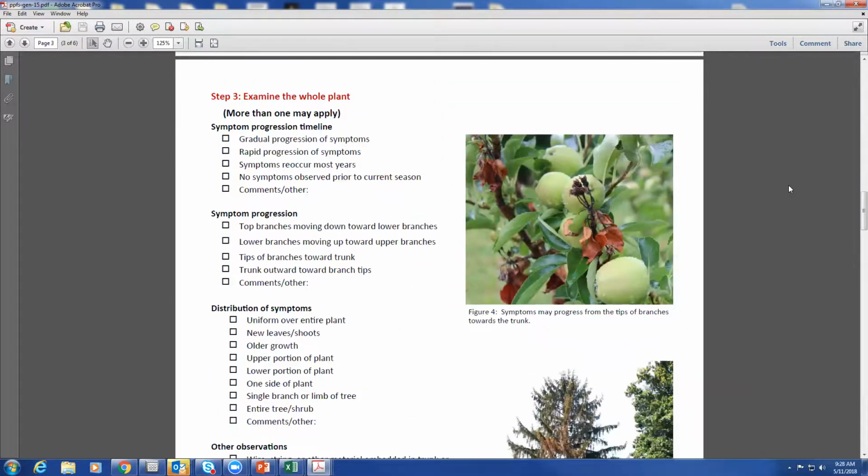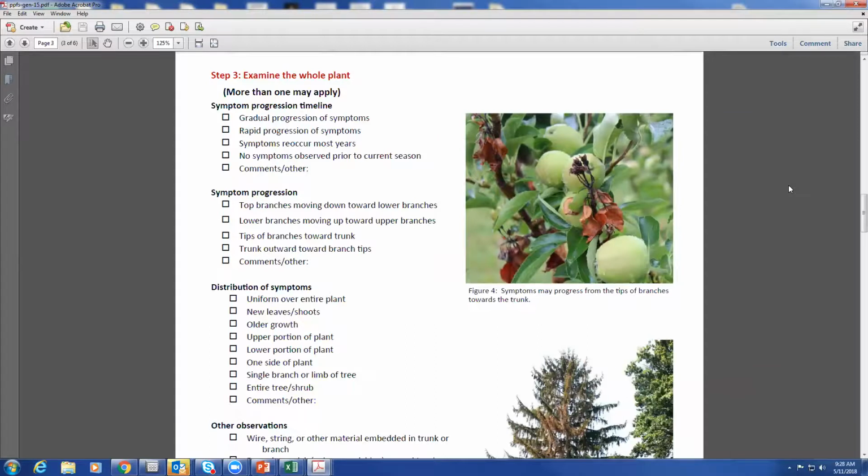Then we're looking at the whole plant. The whole plant means, what is the pattern within the affected plant? New growth, just the old growth? Is it flagging? Flagging means one branch looking pretty bad, and I always use a tree reference, apologies, but one section of the plant looking bad and other sections looking really good. How long have the symptoms been going on? Is it gradual?